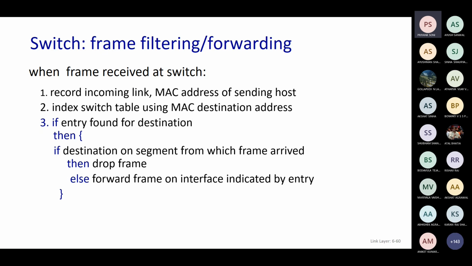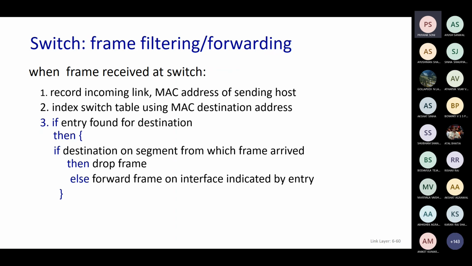If an entry is found for the destination, then you check whether the destination is on the same segment from which the frame has arrived. If it is, then you drop that frame.